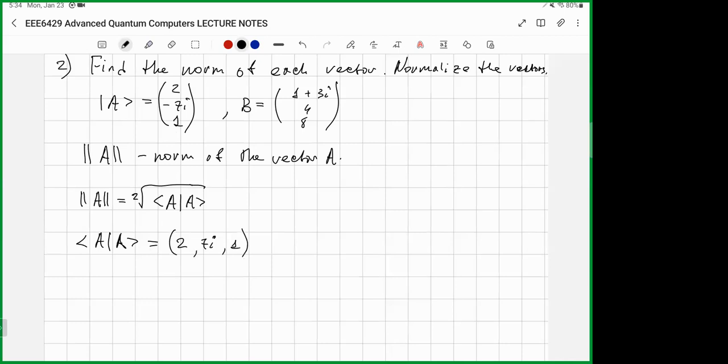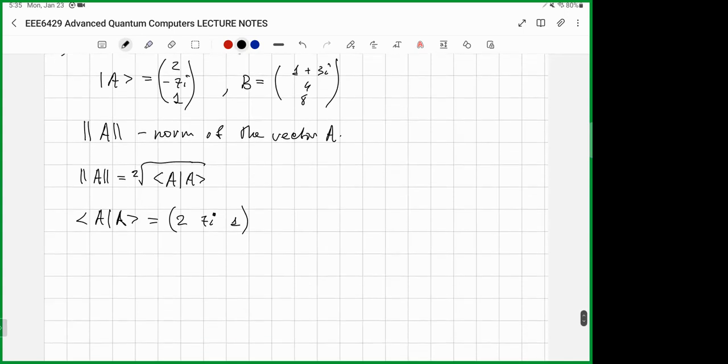Sometimes I write these commas in the string, sometimes I don't. If the elements are separated enough, you can simply not write the commas. Otherwise, you better divide the elements by commas to avoid any confusion. And the vector A in ket representation is 2 minus 7i and 1.